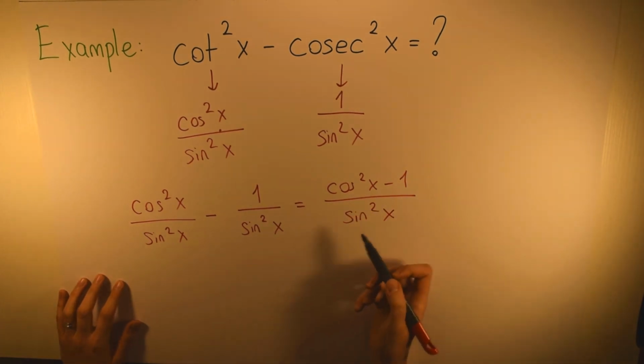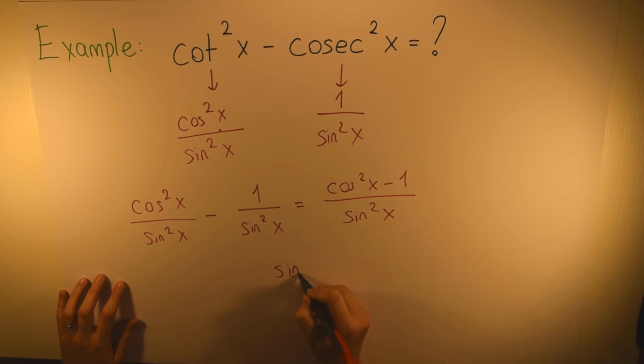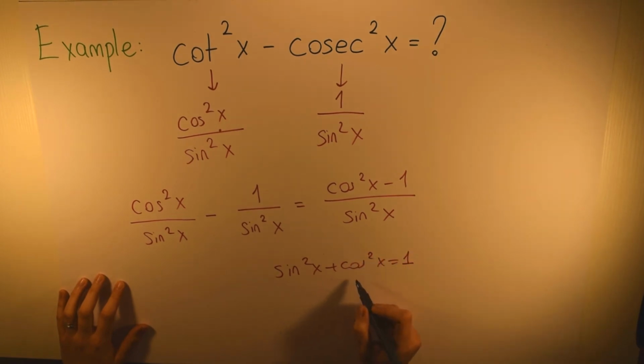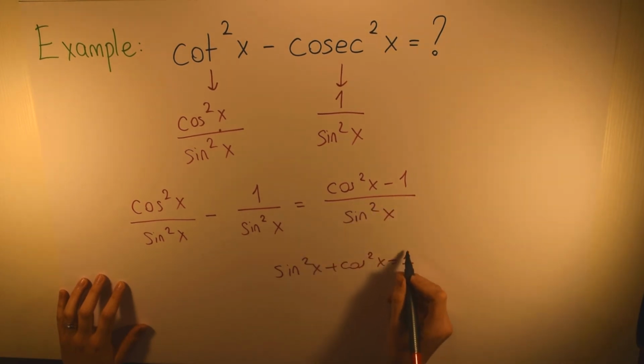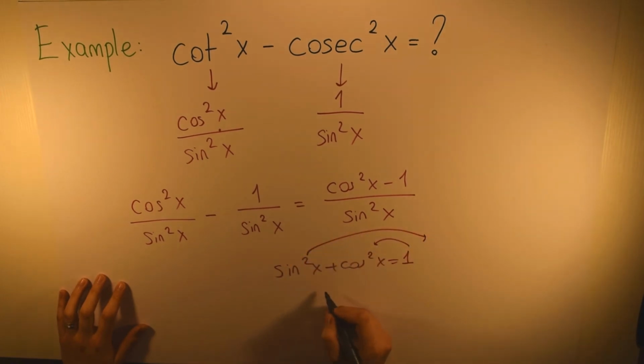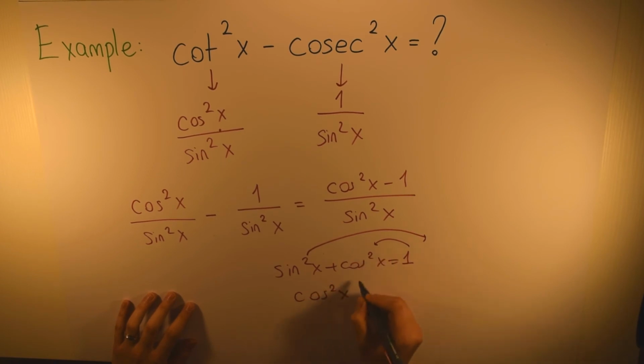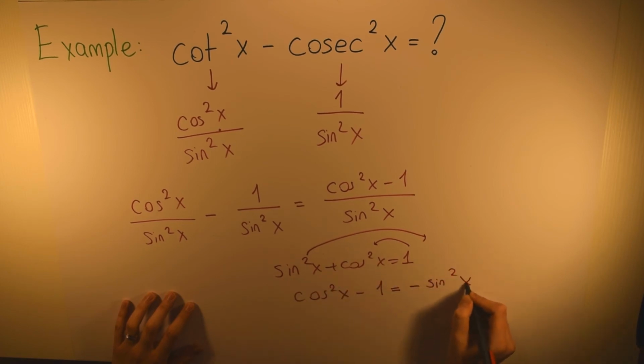So what can we do after this? We know that sine square x plus cosine square x is equal to 1, right? So instead of cosine square x minus 1, when I put this one here and this sine square x to the other side, let's see what we get. Cosine square x minus 1 is equal to minus sine square x, you see.